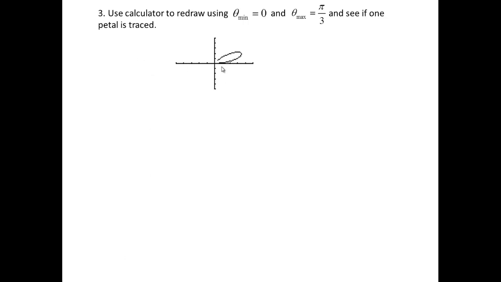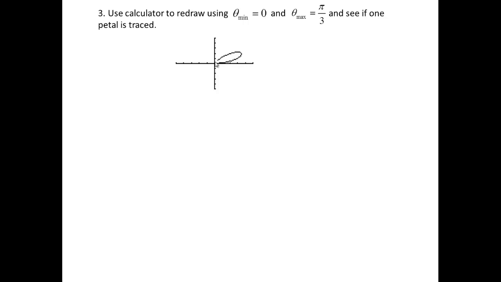Okay, now don't be misled in thinking, oh, it doesn't quite hit the pole here. You know, something's bad, it didn't produce the petal. No, that would be incorrect. This is a limitation of the graphing calculator. If I were to make a smaller theta step, I think I could get the graph to touch the pole.